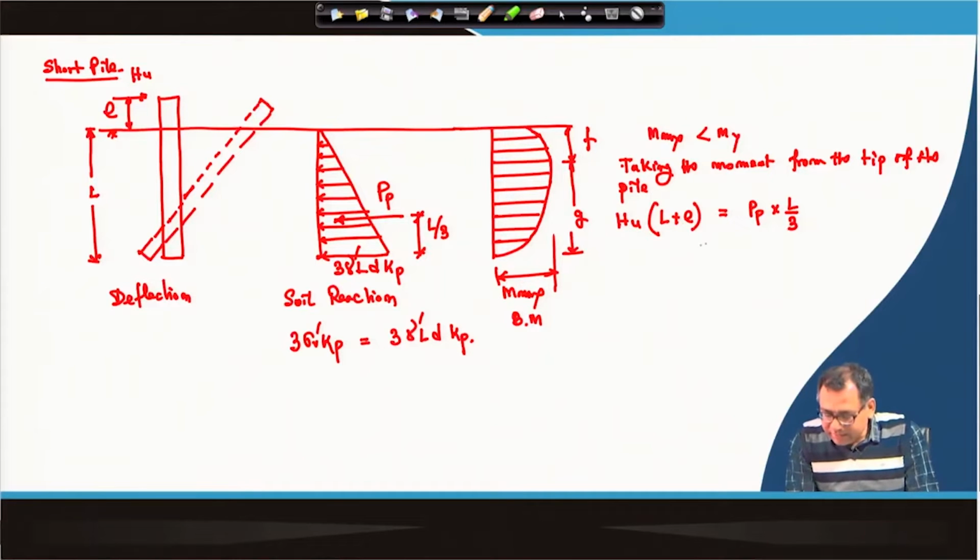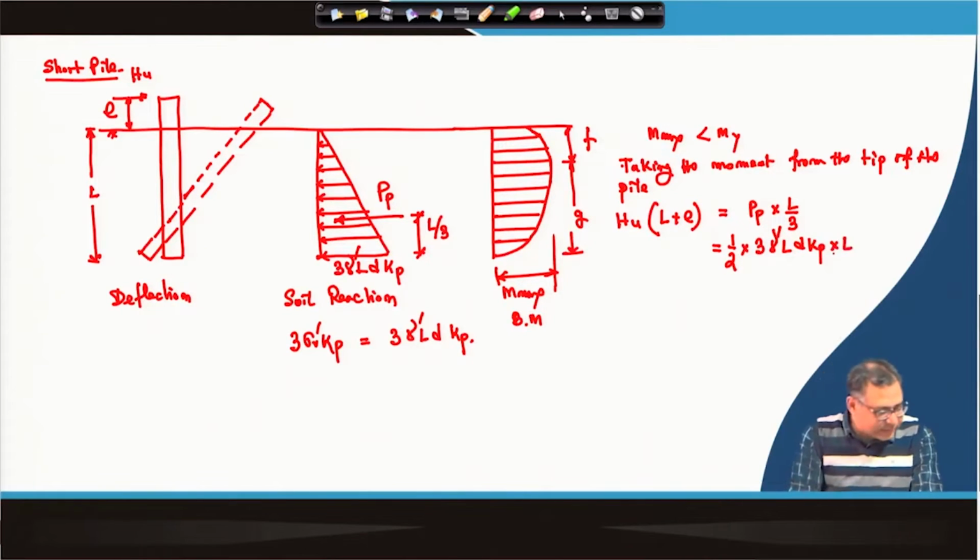So, I can write that P p is nothing but half into 3 gamma dash L d K p into L, that is the total P p into L by 3.